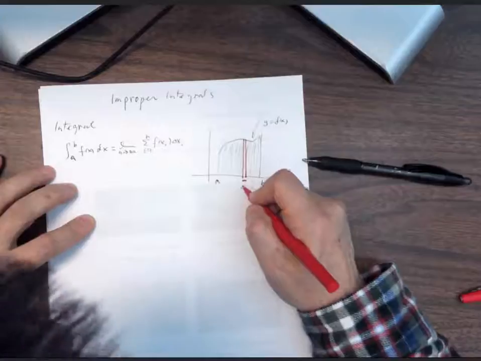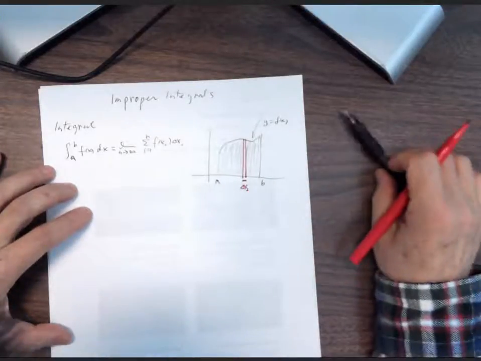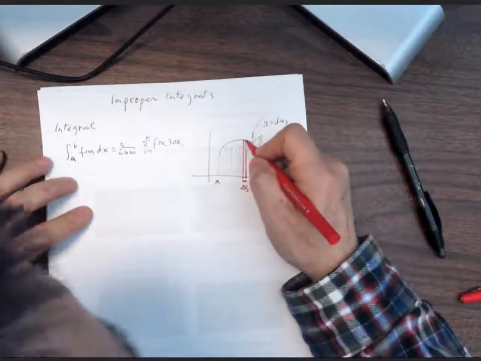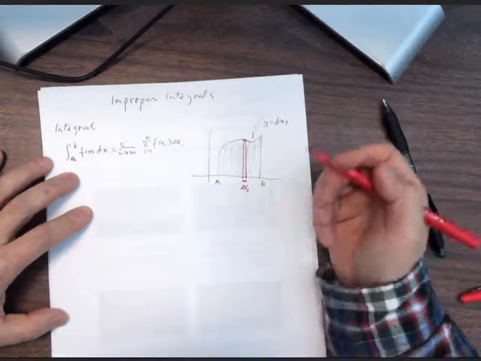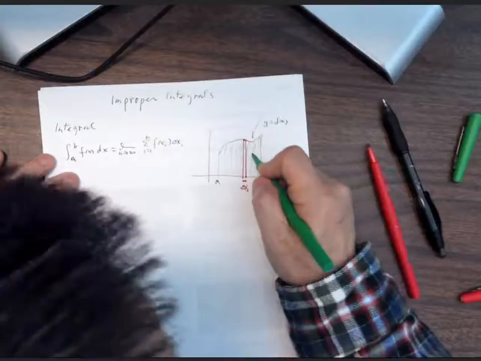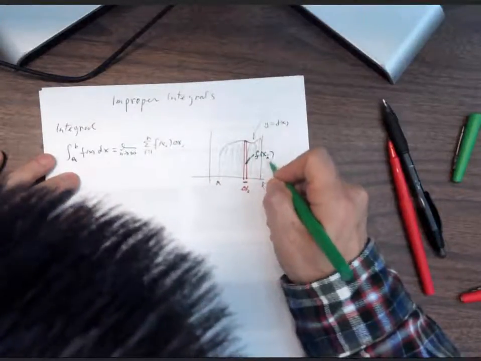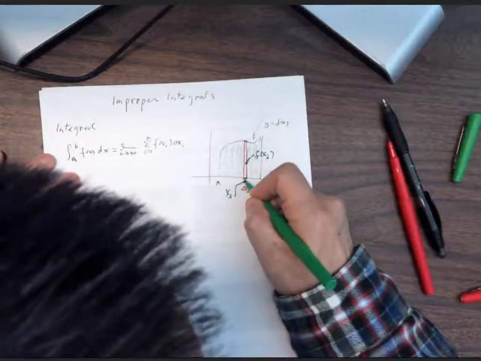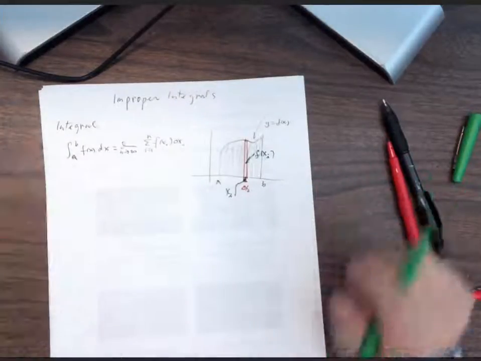The thickness is called delta x i, and we regard this approximately as a rectangle. So the height is the value of the function at some point x i, some point taken from this subinterval delta x i.